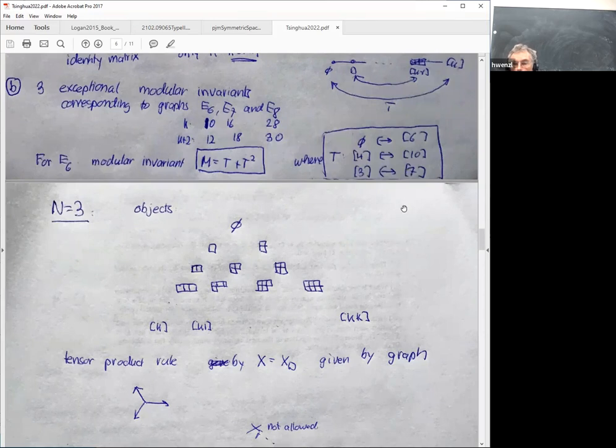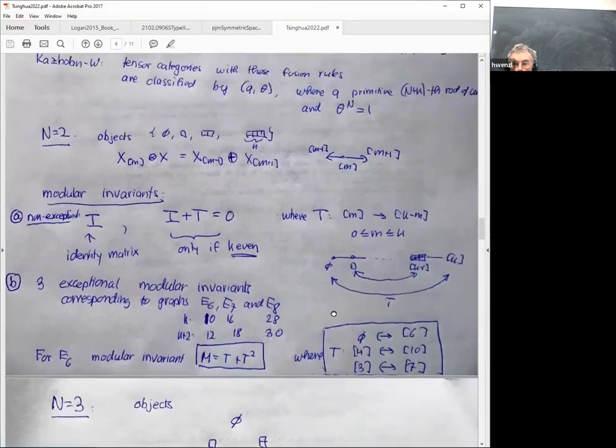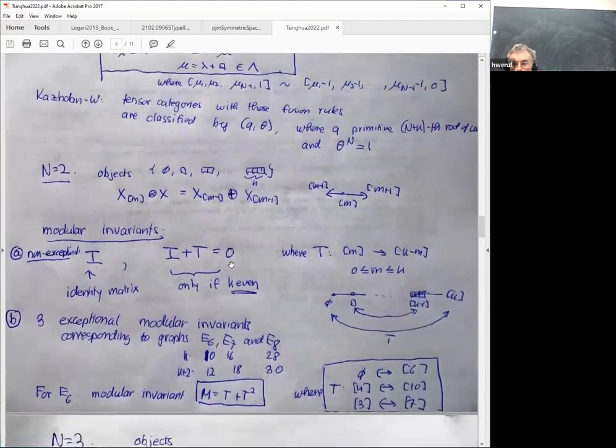Well, okay, it's actually not a permutation matrix because it maps some objects to 0, like 1 is mapped to 0. So the main point here is that we are talking mostly about the non-exceptional ones.